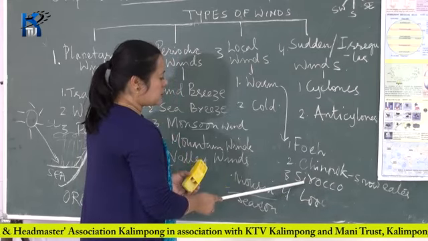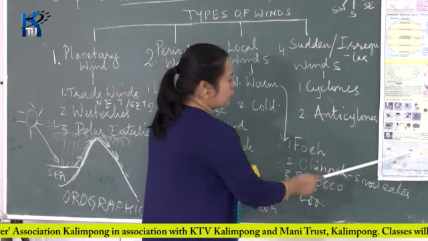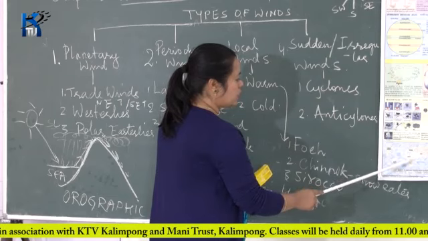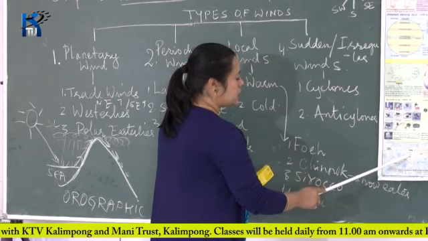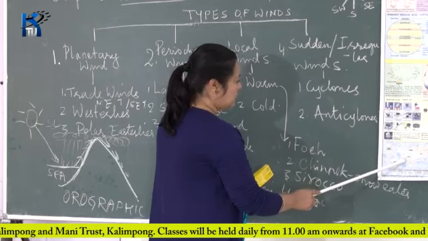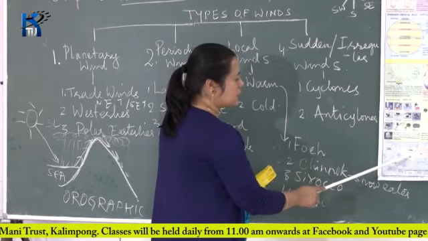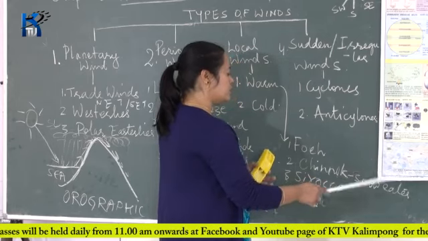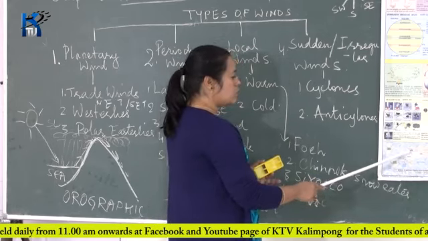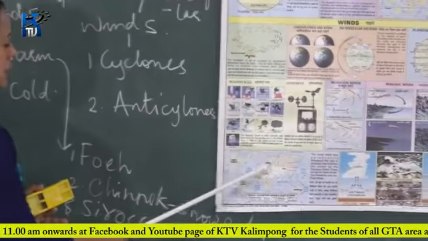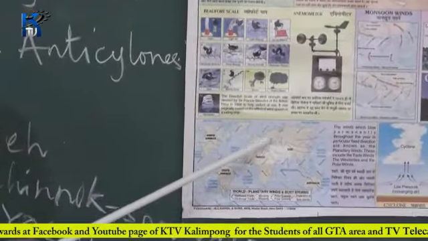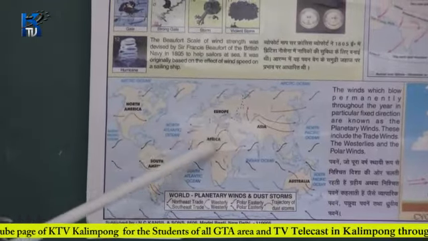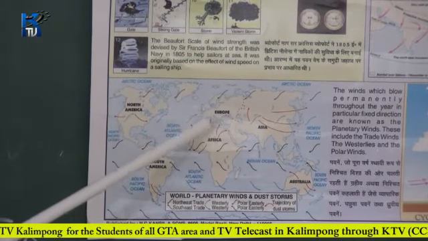Another wind is Sirocco. It is the wind of Africa. Here is the Sahara Desert, and the wind blows from the Sahara towards the Mediterranean Sea. The Sahara has red dust, red sand, and this wind also carries some moisture from the Mediterranean Sea along with the sand and covers parts of Italy and European countries, and this brings red dust.